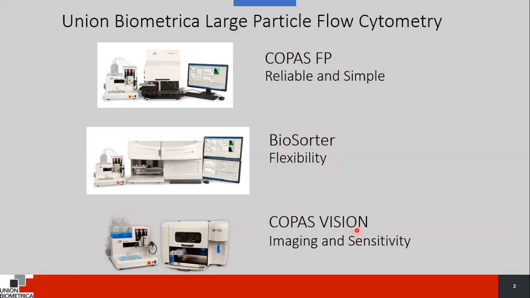But the only reason we don't have COPAS Vision data yet is because it's our new instrument and we just haven't quite gotten a chance to collect data on the COPAS Vision, although because of the similarities, we expect that the data will be very similar and for some applications probably even better than what we can collect on the COPAS FP and the BioSorter.